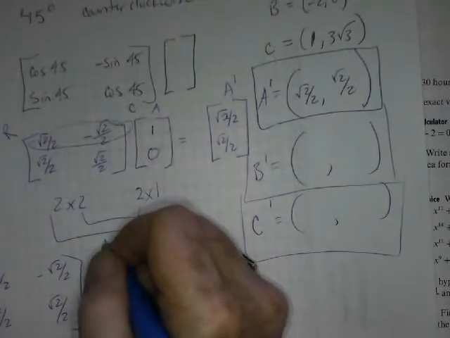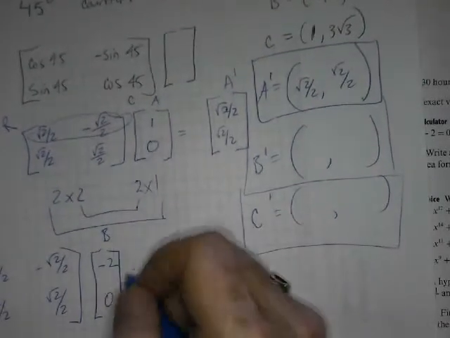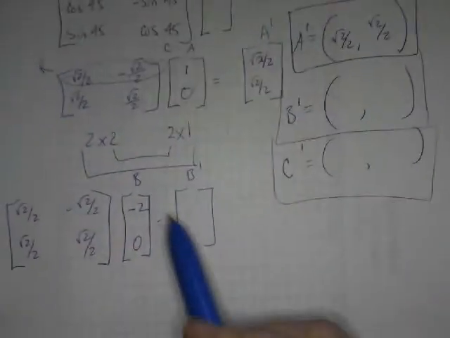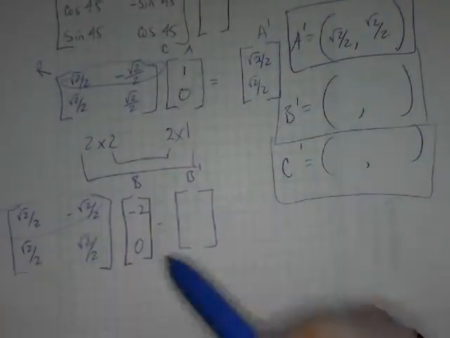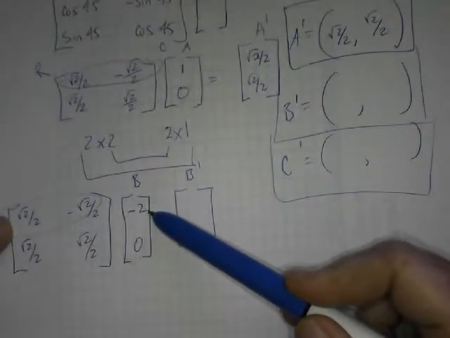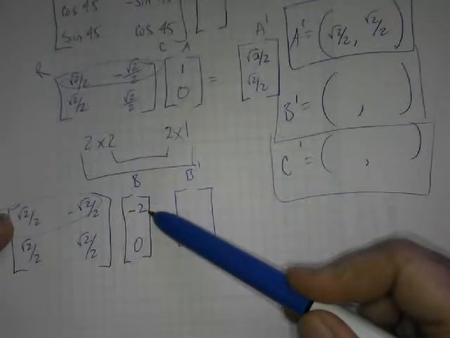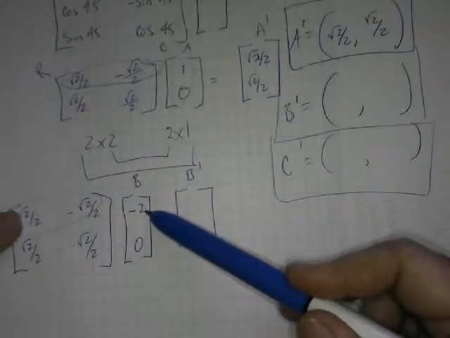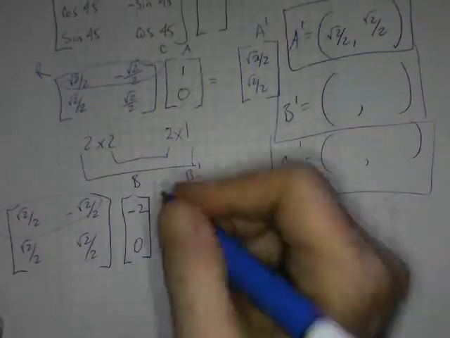I'm going to name it B prime so that I can remember what my answer is going to be. So you're going to go this thing times this thing. Well, the 2's are going to cancel out. That's going to be negative root 2. And this thing times this thing is going to be 0. So negative root 2 plus 0 is negative root 2.